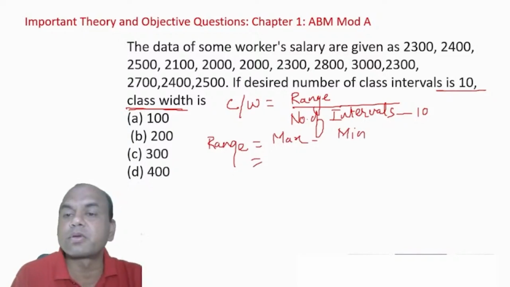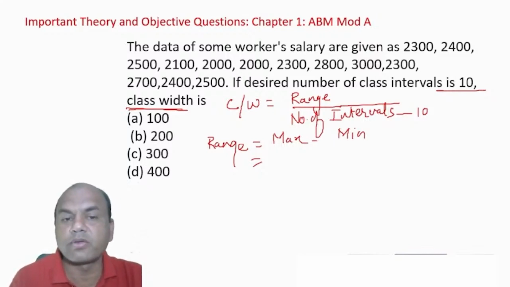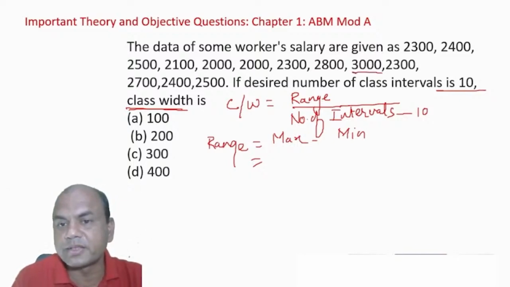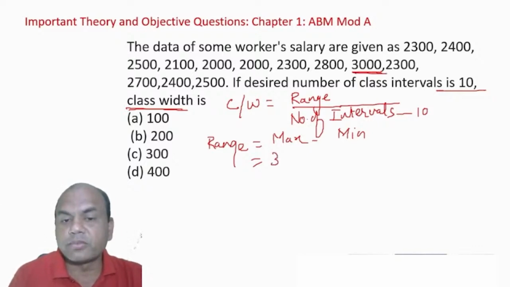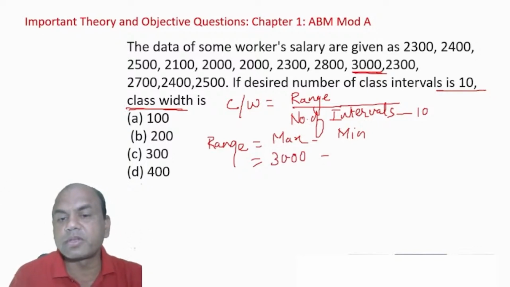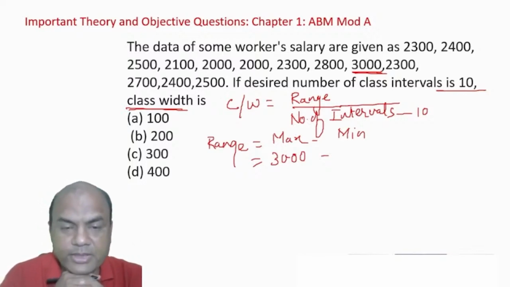What is the maximum number over here? 2300, 2400, 2500, 2100, 2000, 2000, 2300, 2800, 3000, 2300, 2700, 2400, 2500. 3000 is the maximum number, isn't it? So 3000. What is the minimum number then? Give me, everyone. Type in the comment section. Which is the minimum number now?